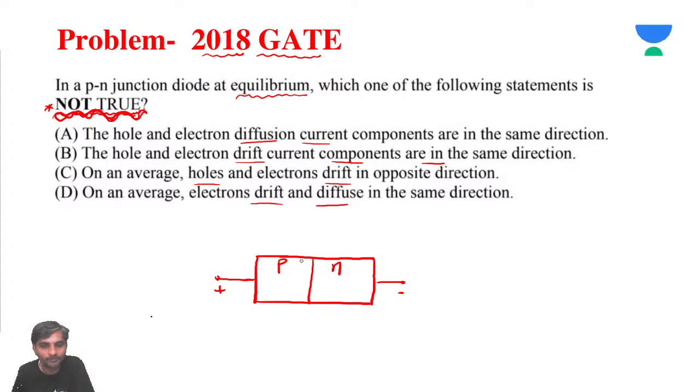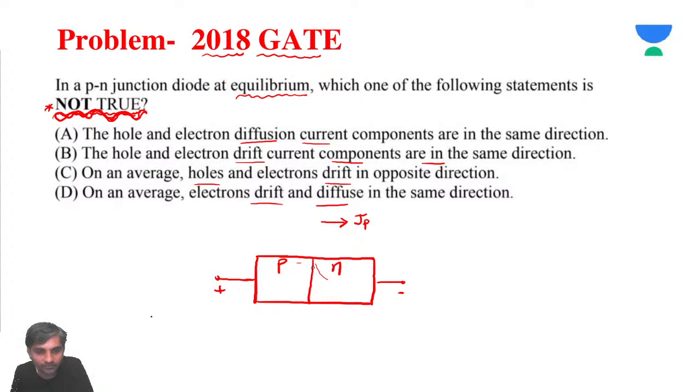Holes will diffuse from the P region to the N region, so the diffusion current Jp is in this direction.